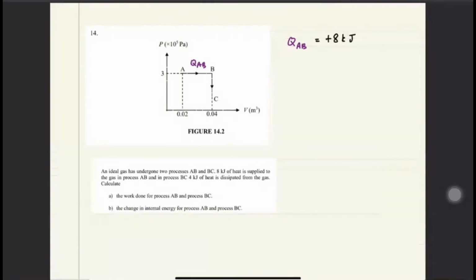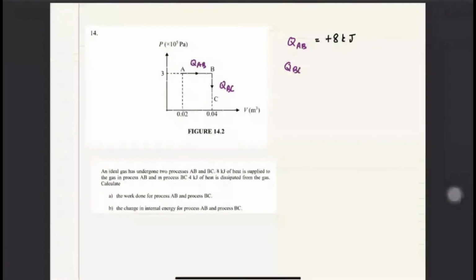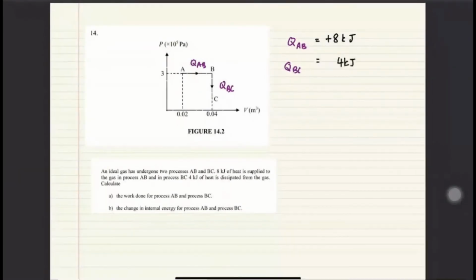And in the process BC, 4 kilojoule is dissipated from the gas. Is it positive or negative? Negatif. Okay. And then they ask you to calculate the work done for the process AB and BC. Kalau work done untuk AB tu senang je lah kan.